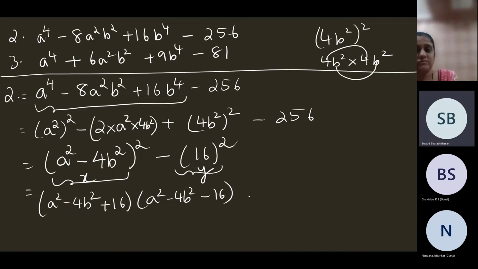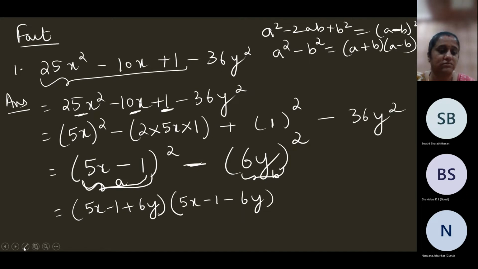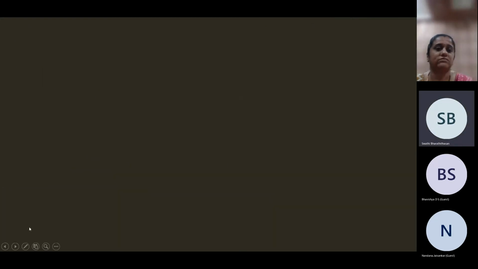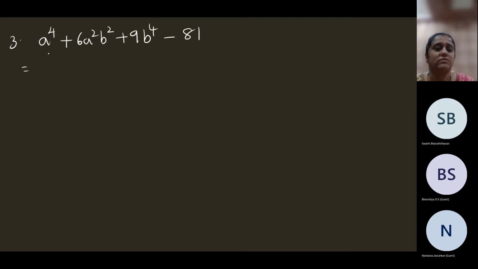Shall I say for the third one? Tell me the third question. Ma'am, a to the power 4 plus 6a square b square plus 9b to the power 4 minus 81. So group the first three terms.